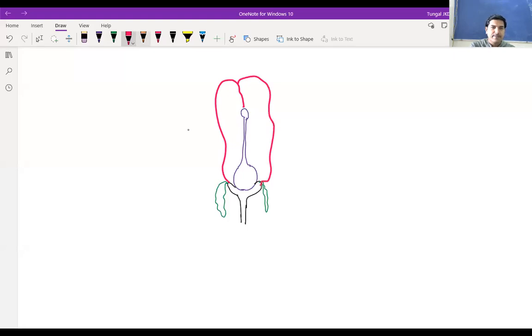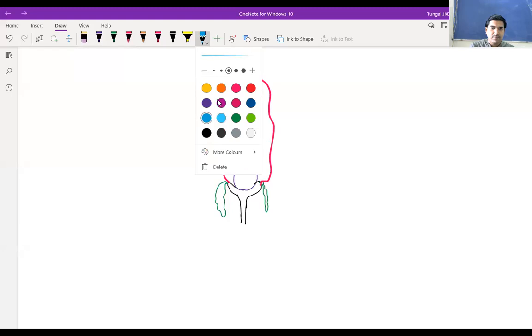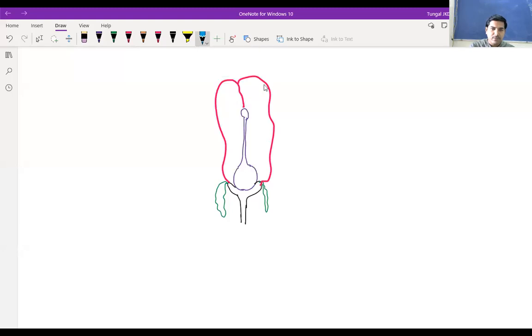Then, there might be the presence of the stamens.